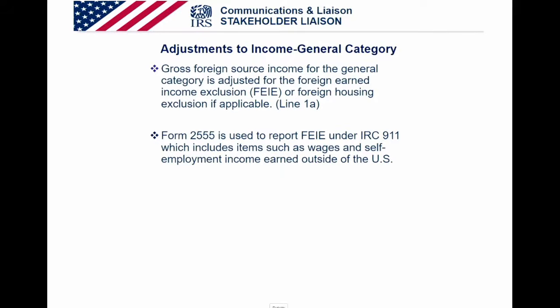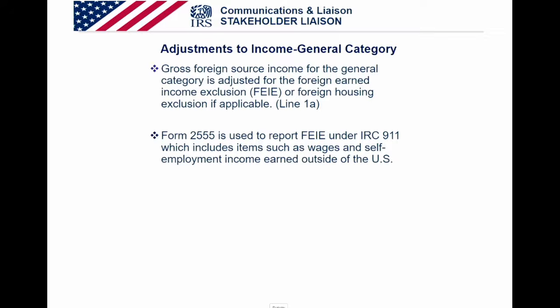Remember, the Form 1116 is the foreign portion of the total worldwide Form 1040 income. And since the taxpayer has excluded a portion of their worldwide income from taxation on the 1040, then the foreign subset of that total should also be reduced in line 1a.